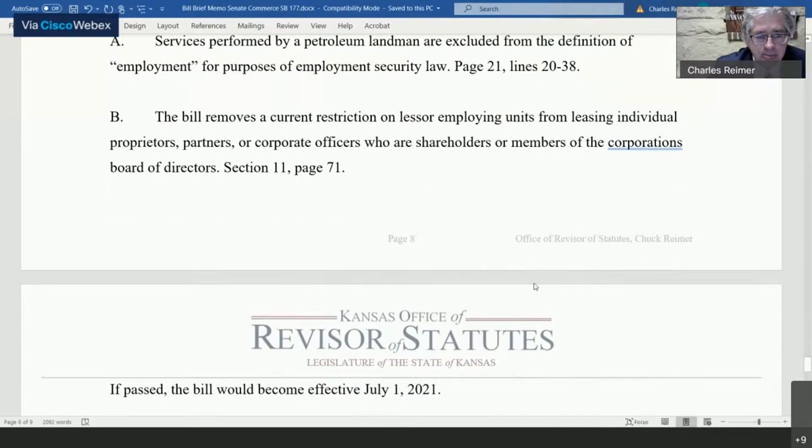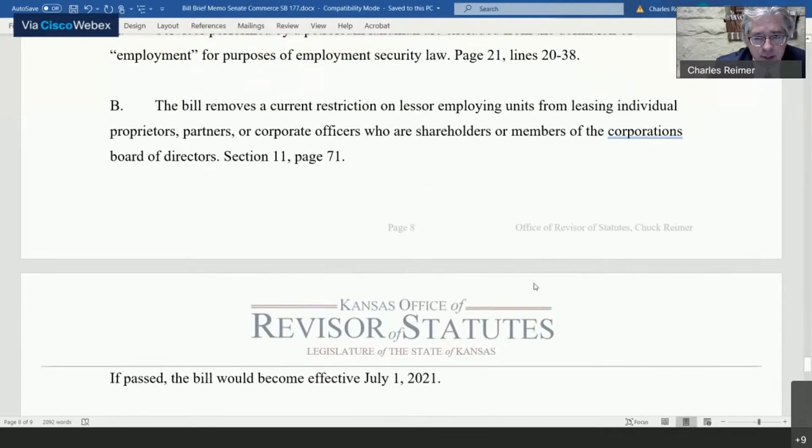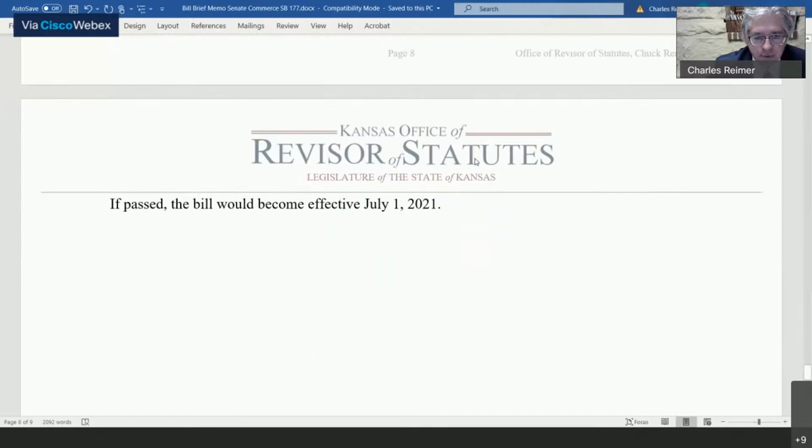The other is that with respect to organizations that lease employees and provide the personnel department functions for businesses, there was an issue that due to the law, they were not able to include certain principals, corporate officers within the quarterly UI reports. This removes a restriction that those companies were facing dealing with that issue. That was also a bill from last year. If passed, the bill would become effective July 1st, 2021.